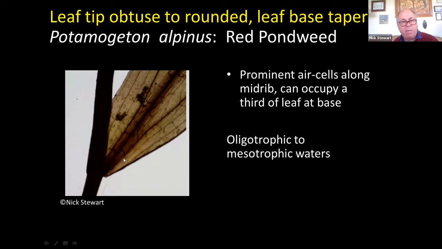And in alpinus, they're very prominent and often occupy a third of the leaf base by the time you get to the base of the leaf. You will find them in other species, but it's just in alpinus they're very prominent.